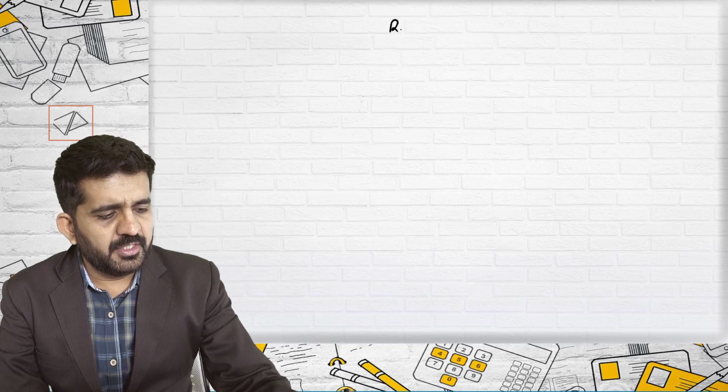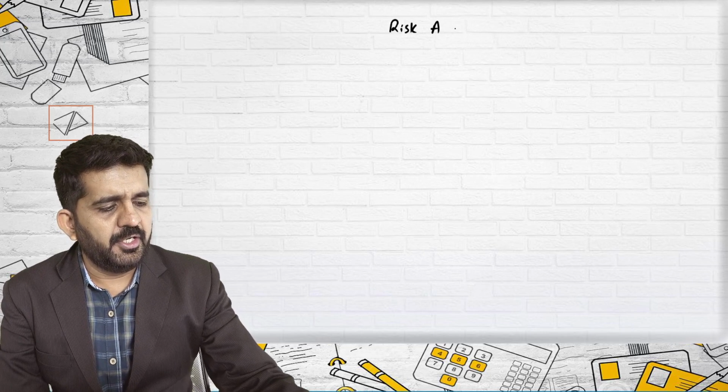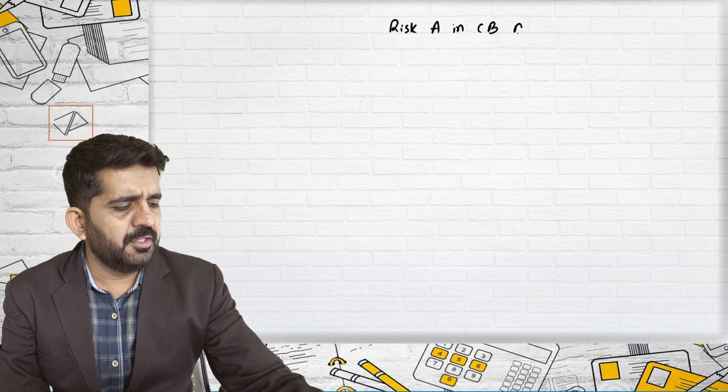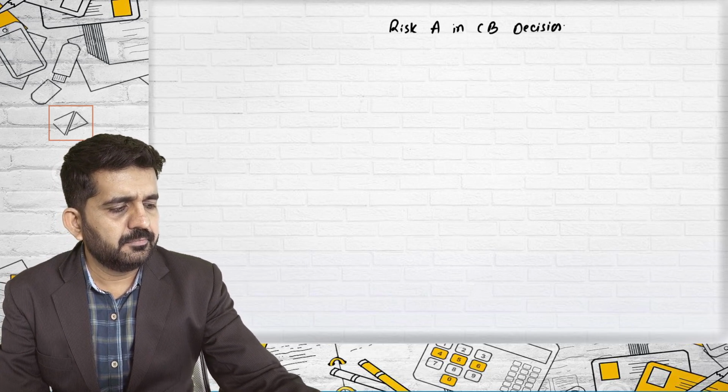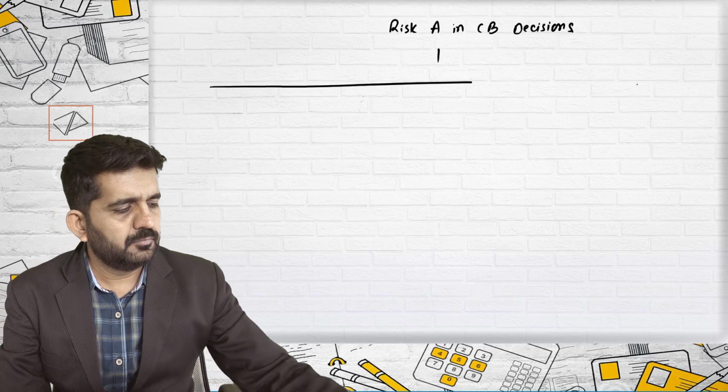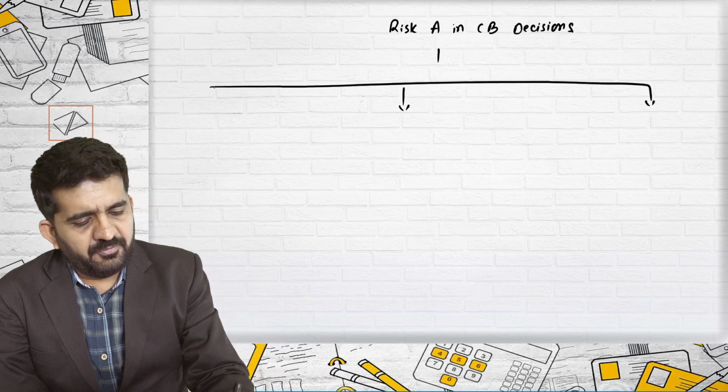Let us revise first all the concepts of risk analysis in capital budgeting, and then we'll be starting some of the questions. So I'm going somewhat fast as far as all the methods that we have covered. Risk analysis in capital budgeting decisions: which are the methods by which we do it?